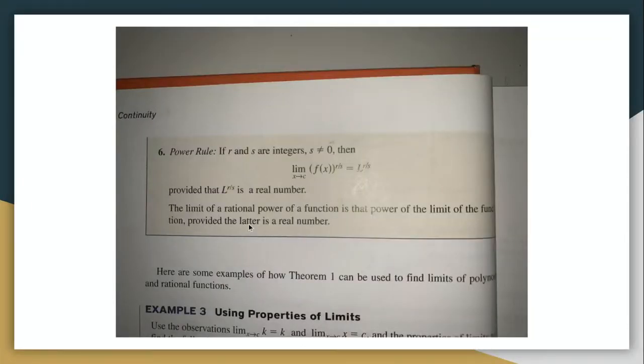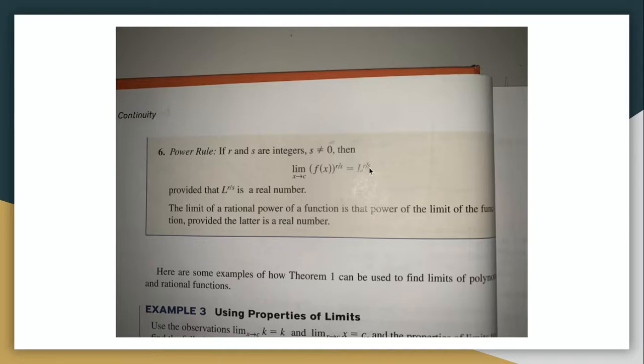Here's another limit property. It's the same thing as before. If you have some function raised to the r over s power, the limit of that new function is just whatever the limit of the original function is raised to that same power. It's the same kind of logic. If this function is approaching some value L, then if you raise that function to the r over s, the value it approaches is just L to the r over s power.